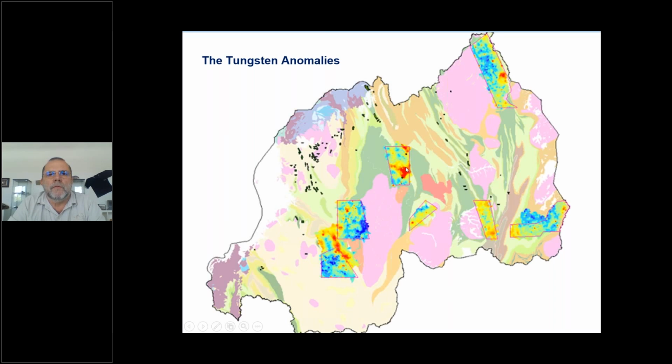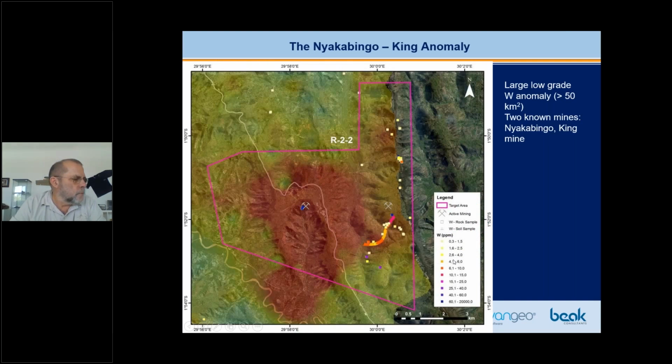We can see here these bigger tungsten anomalies, but now the question is, where are the mineral deposits or occurrences? So here is one of these anomalies. Here is a soil profile, here's a mine, and here's another mine. We can see a very shallow soil anomaly in this soil profile, crossing these tungsten-bearing quartz veins.